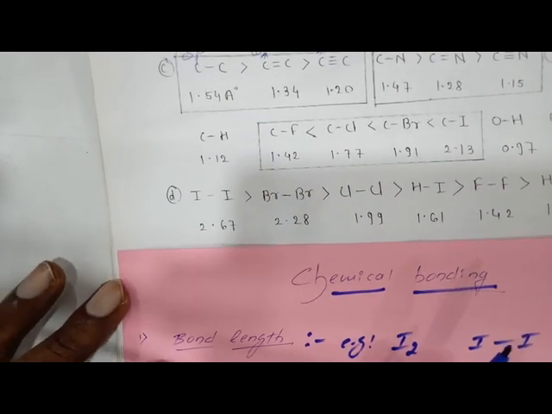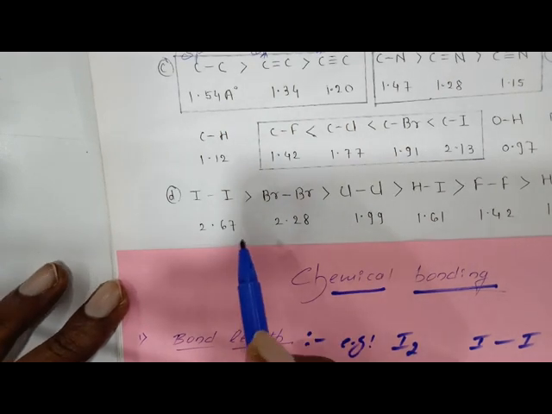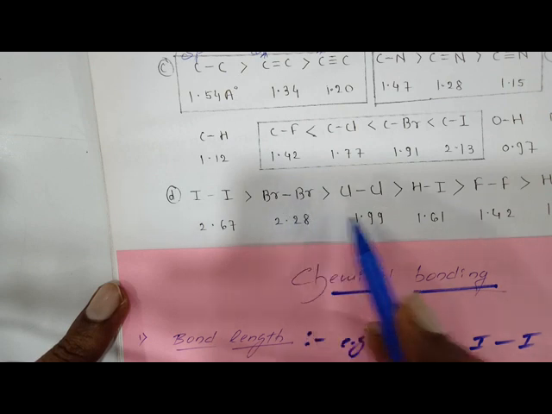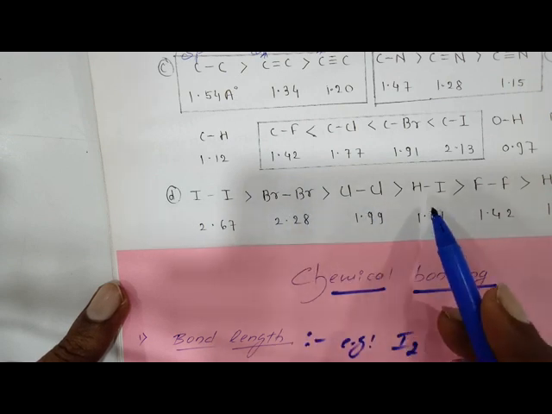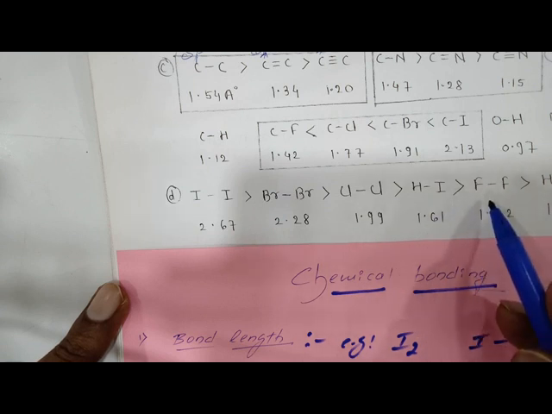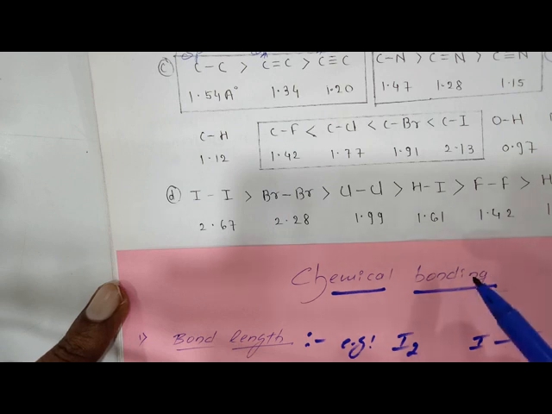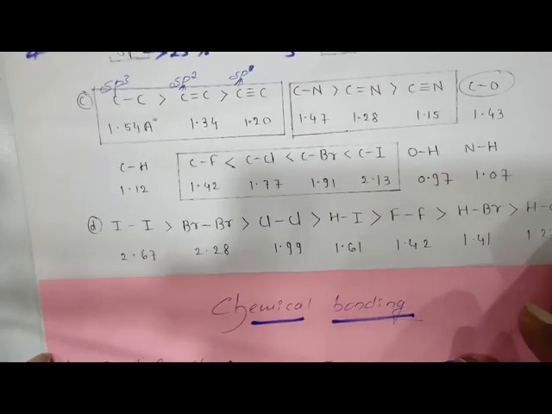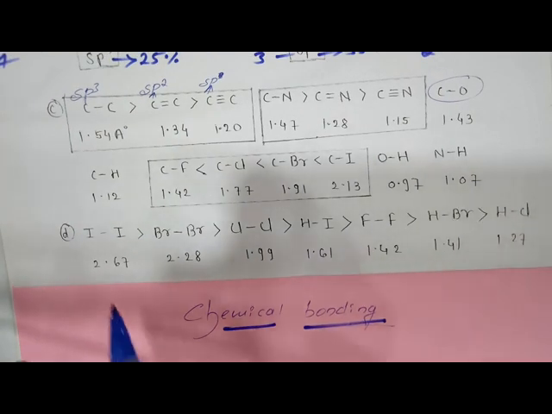Now suppose we are considering I2 molecules, Br2 molecules, Cl2 molecules, then HI, then F2 molecule, then HBr, then HCl. This sequence is very important to remember. See students, what happens in this case.